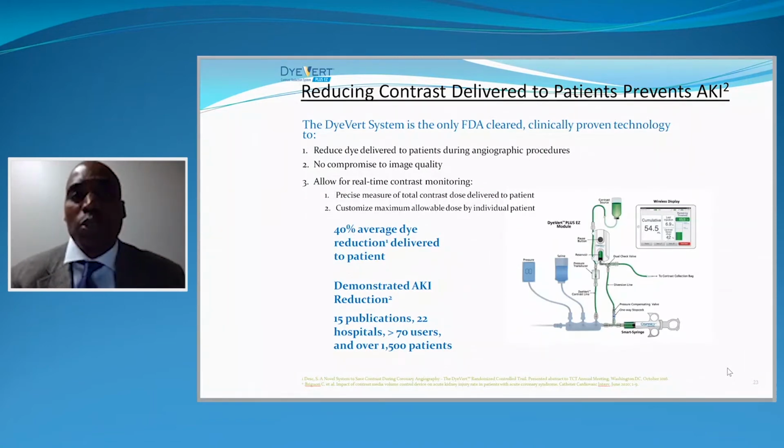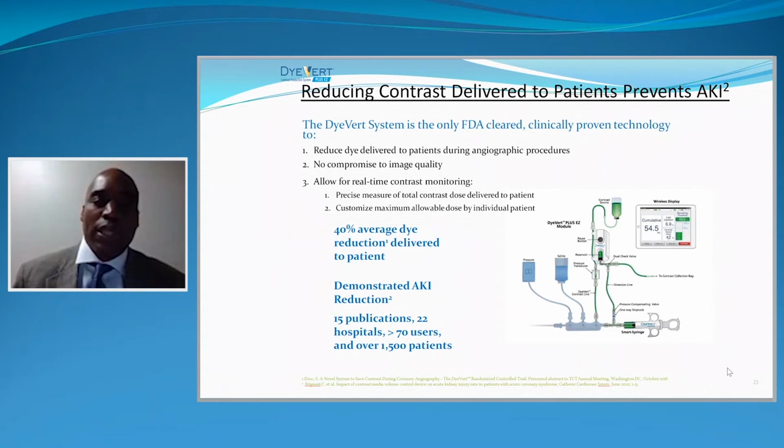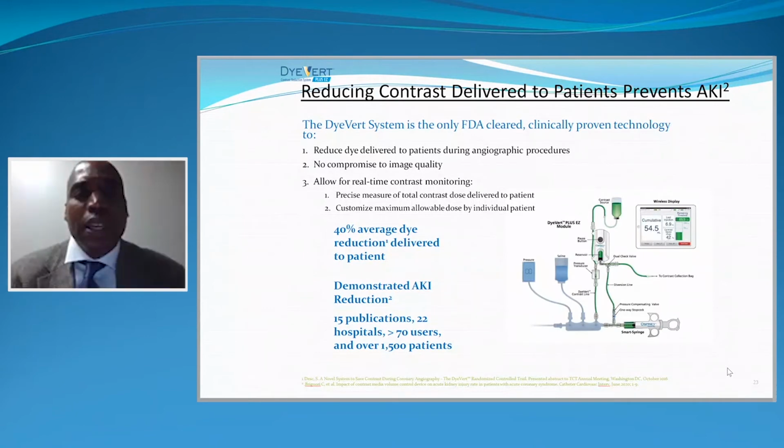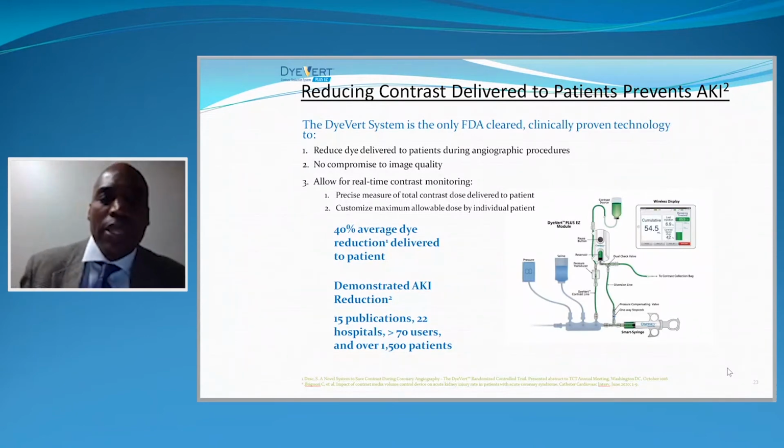So for some of our patients with chronic kidney disease, they are very in tune to the potential harmful effects of contrast. So many of them are very reassured when we use the Divert, and we're able to tell them beforehand that we have certain thresholds of contrast that we plan to use, and we can demonstrate that to them following the procedure. So the Divert has resulted in a 40% average dye reduction delivered to the patient and a demonstrated AKI reduction.